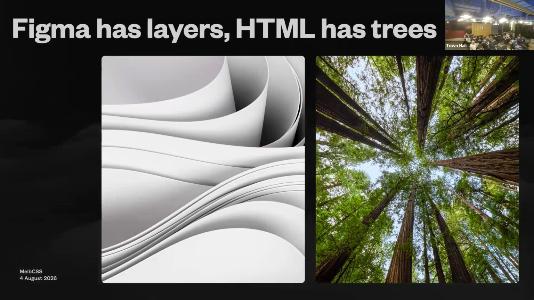Like I mentioned before, Figma has layers. With CSS, you're working with HTML DOM trees, and its elements just don't float freely like they do in Figma. They are bound by the ancestry that is laid out in the DOM. When CSS renders the depth of an element, its position in a 3D space isn't just determined by its own properties, it's also determined by its parent component and all the other attributes that it inherits.